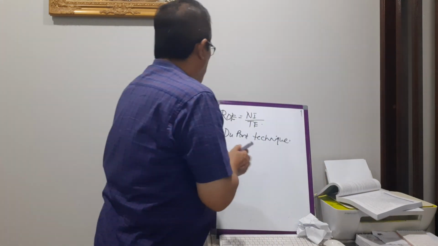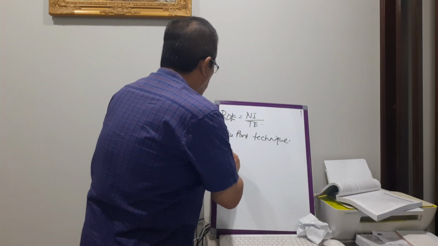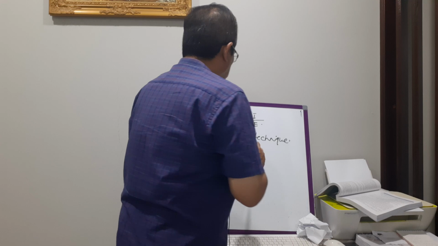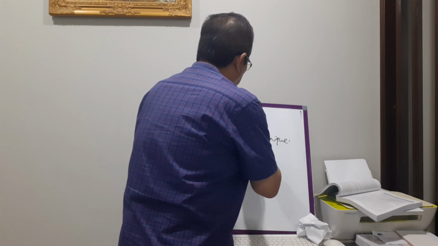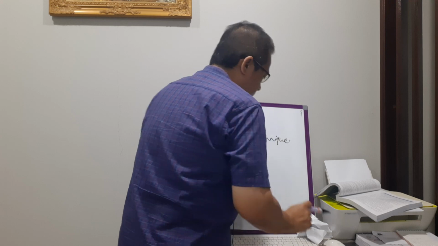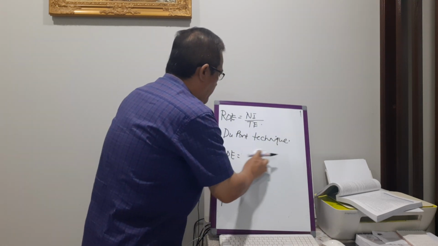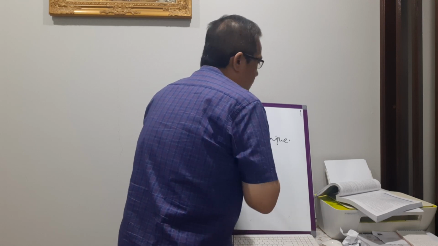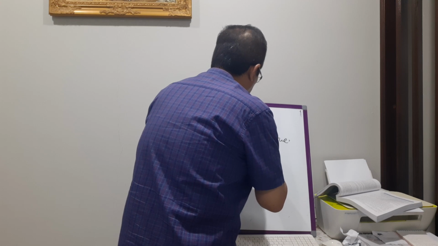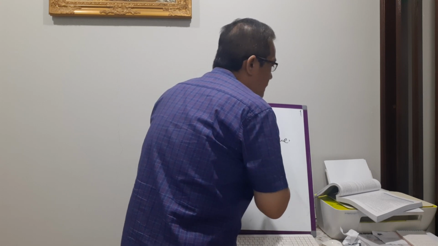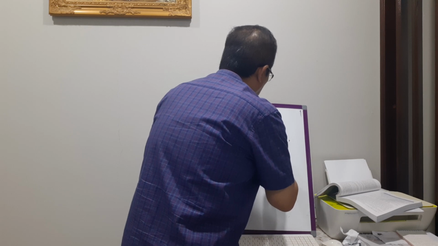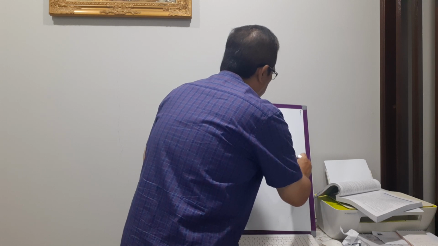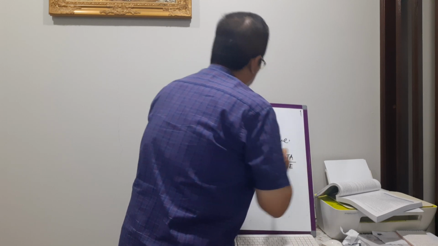In which ROE is equal to net income, NI, over sales, multiplied by sales over total assets, multiplied by total assets over total equity.